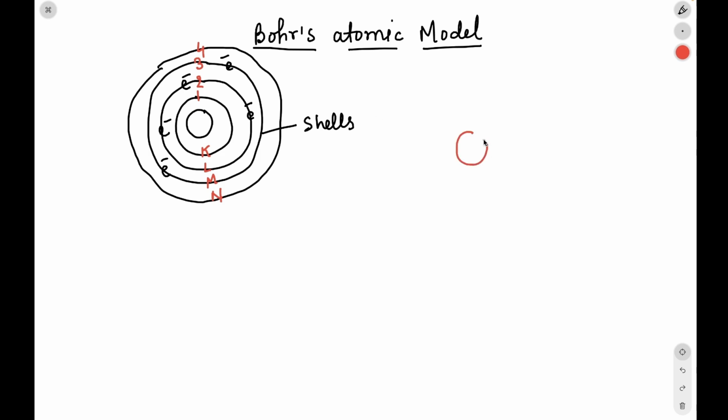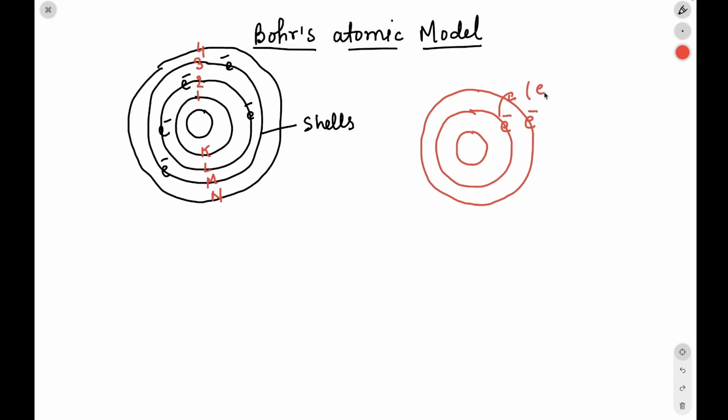When an electron gains energy, it will jump from one energy level to another energy level, which is a higher energy level, called the excited state.